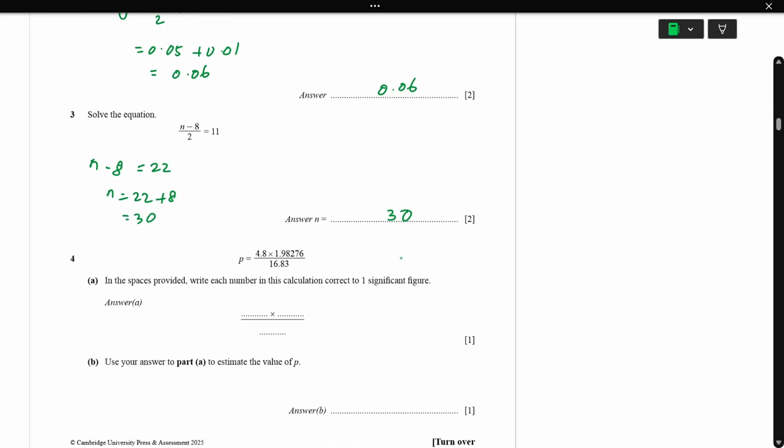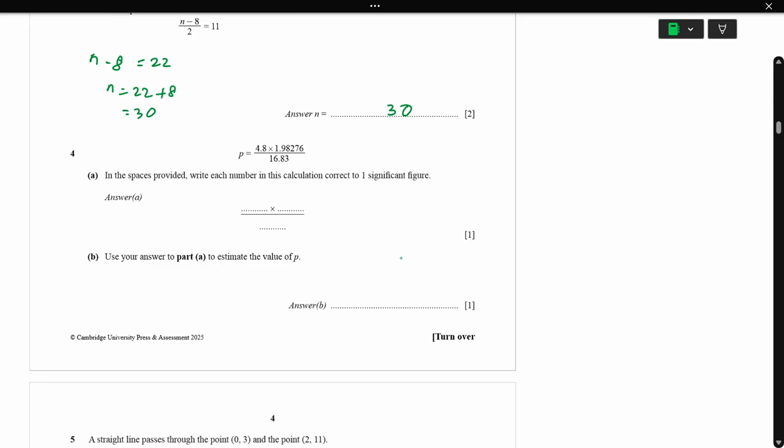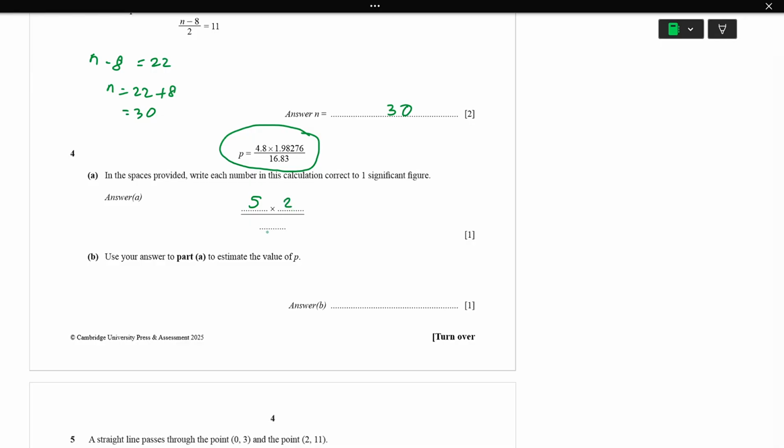The next one: in the space provided, write each number in this calculation correct to one significant figure. P's value is given. One significant figure of 4.8 rounds up to 5. And 1.9 becomes 2.